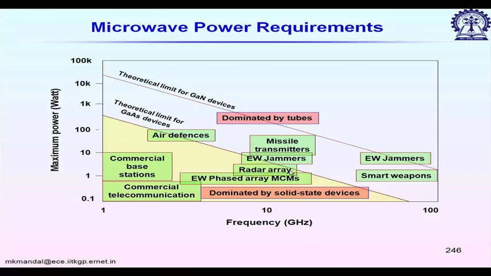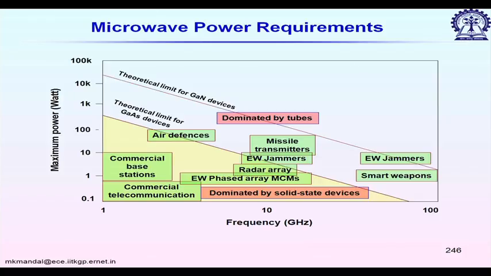Now, microwave power requirements. In this chart we see that different applications have different power requirements and correspond to different frequency bands. Right now at millimeter wave frequencies, we mainly have defense and space applications. Consumer application is very much limited, but with the incoming 5G wireless communication, it might be at millimeter wave frequencies, maybe at 60 gigahertz.